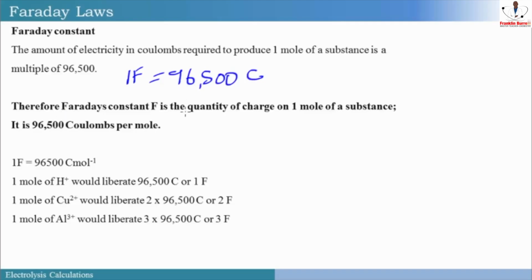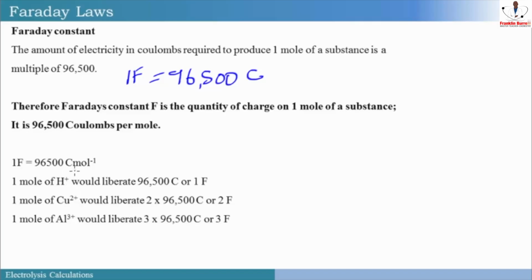So the Faraday constant, F, is the quantity of charge on 1 mole of a substance. So therefore, 1 mole of a substance will have that charge of 96,500. If the charge is 2, then that would mean 2 times Faraday, which is 96500 times 2.